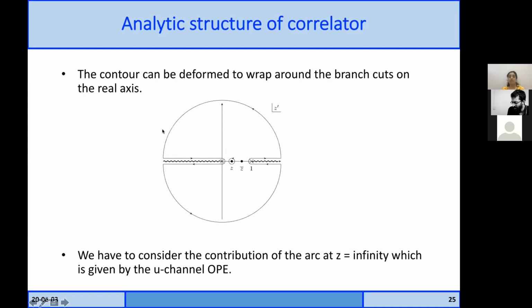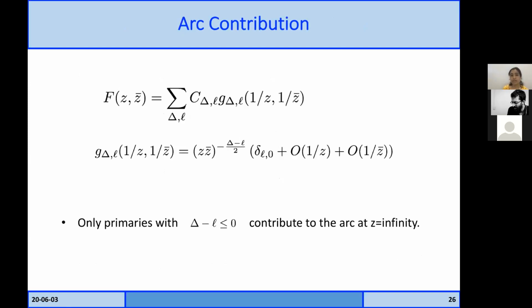So we have to see what the arc contribution is in this contour. This arc is basically the contribution at Z equals infinity, and this is given by the U channel OPE. So you have this conformal block, you have this correlator, and you expand this in the U channel.